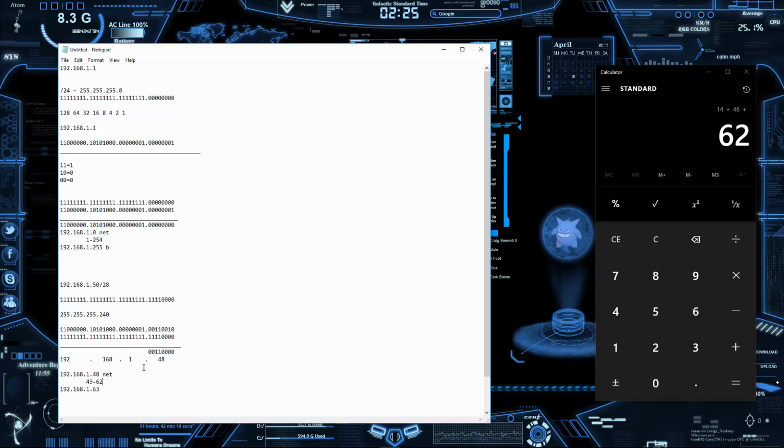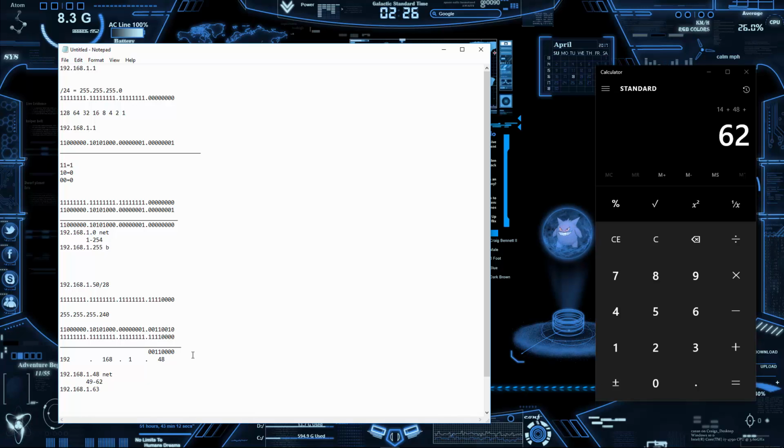Hopefully that makes sense. So in this case, let's just say we're going for 1 at the end. It's still a 16, right? 0 would be the network, and the 15 would be the broadcast.